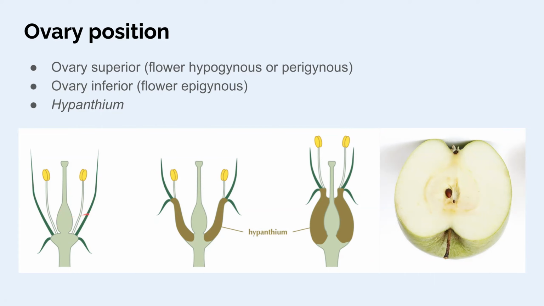So if the other organs are attaching at the base of the ovary, that makes this a superior ovary, right? So it's ovary above the other organs, superior ovary. The far side here, this is an ovary that is located under the attachment point of the other organs. So this is an inferior ovary, so underneath the other attachment points.